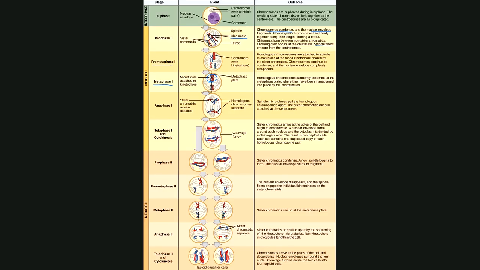So the duplicated chromosomes stay intact. We're just pulling the pairs to opposite ends of the cell. And then in telophase and cytokinesis, the chromosomes arrive at the opposite poles and everything's divided into two daughter cells.